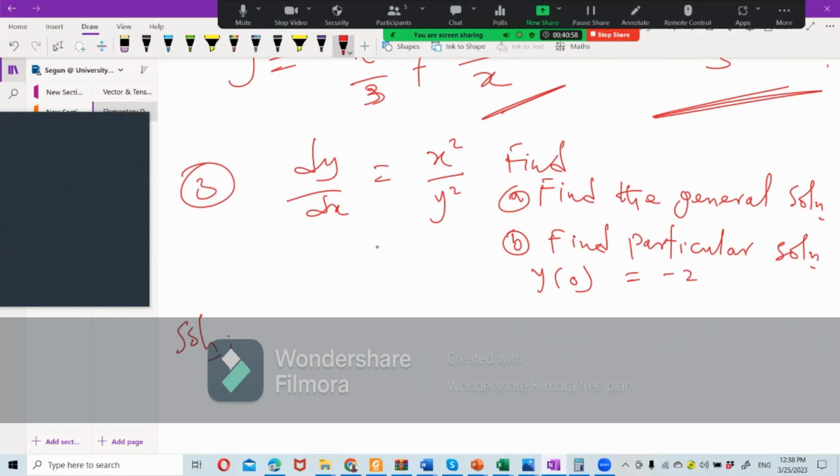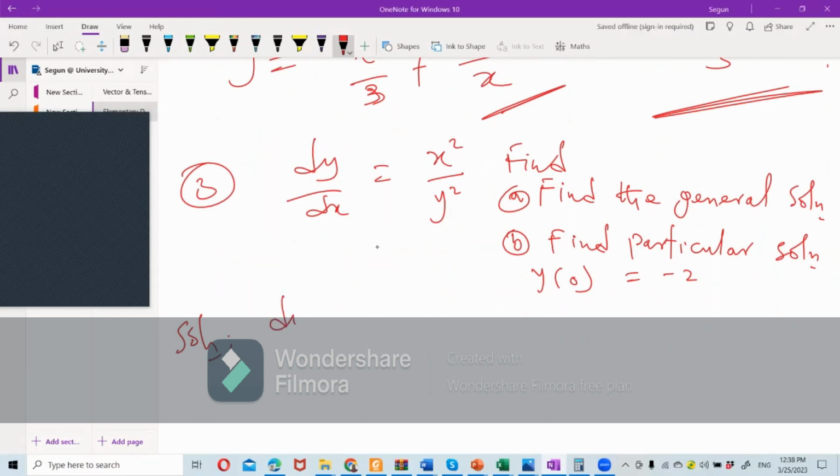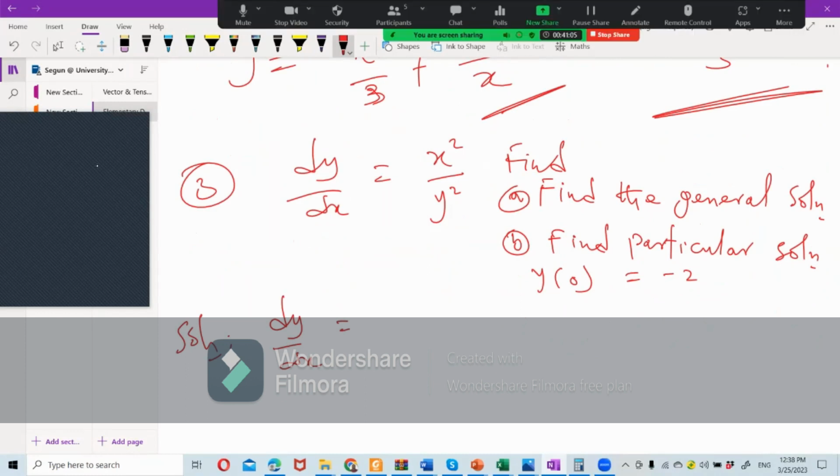Let's look at it. You have dy/dx equals x squared over y squared.